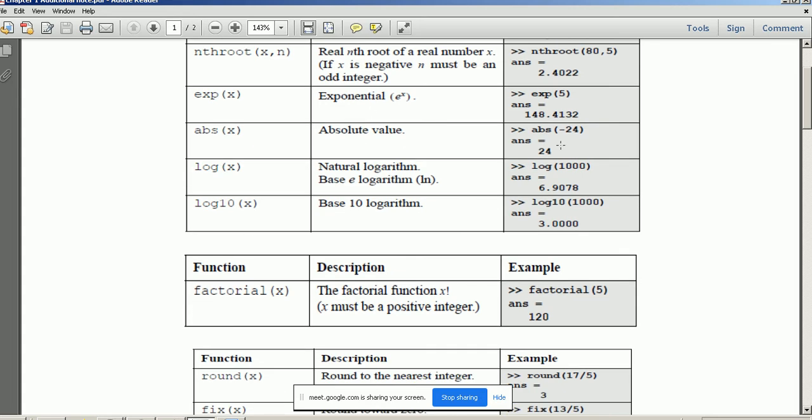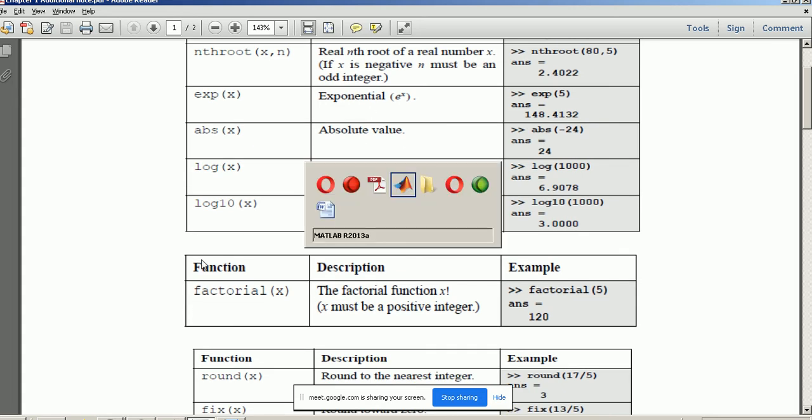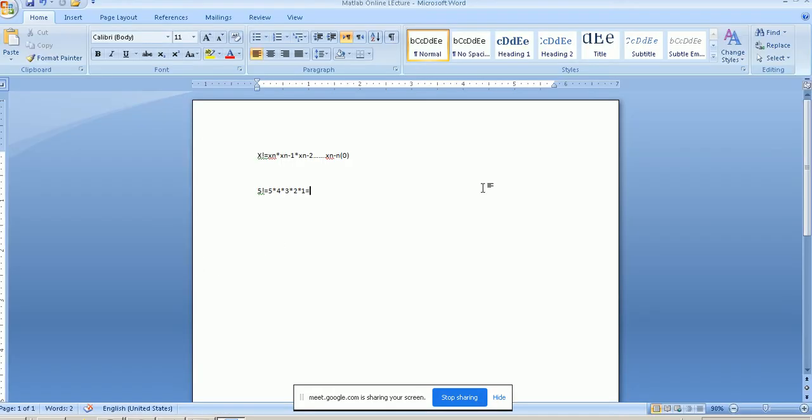Absolute value. You know the absolute value. If you want to find the absolute value of anything, let me try to do it. The absolute of minus 27, you know in mathematics, is 27 directly.